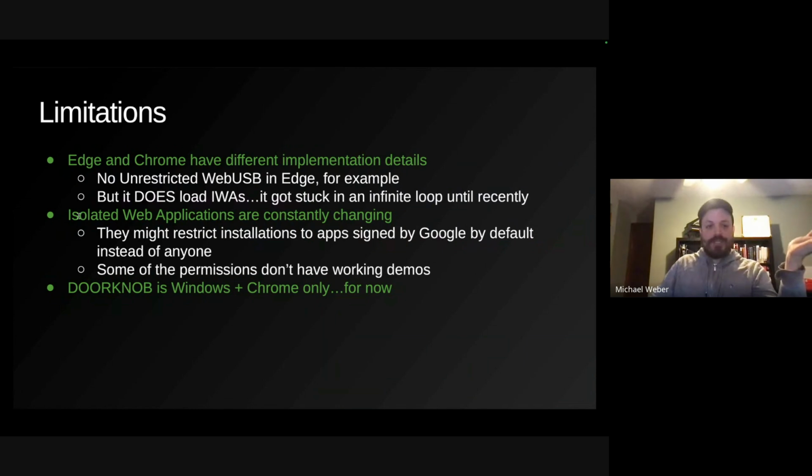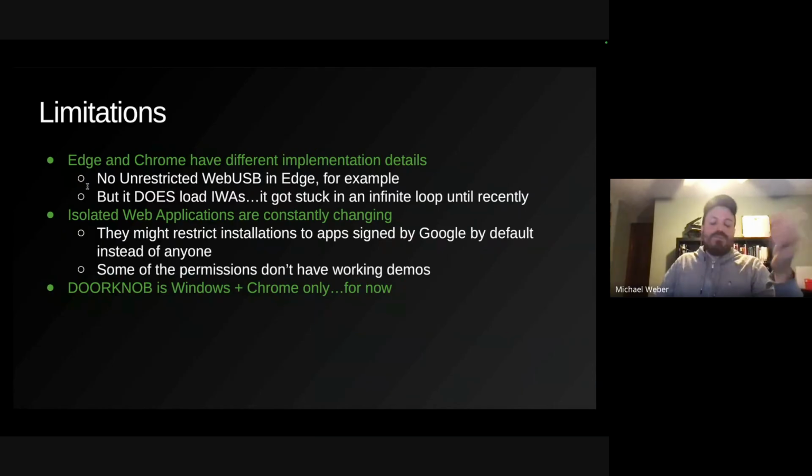IWAs are constantly changing. I noticed the permission set has already changed. There's a policy which is being rolled out now to let you say only allow certain whitelisted isolated web apps. I think that's currently only on Chromebooks, but I'm hopeful that that will get pushed out to the rest of the browser space, because right now there's no other way to disable isolated web apps.